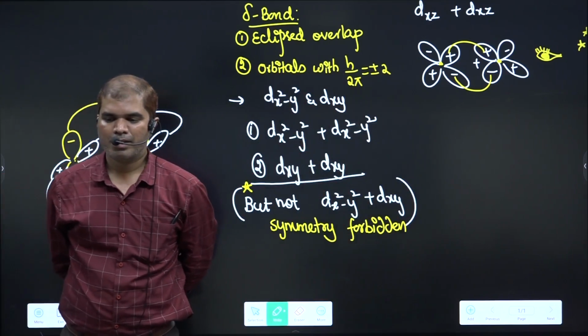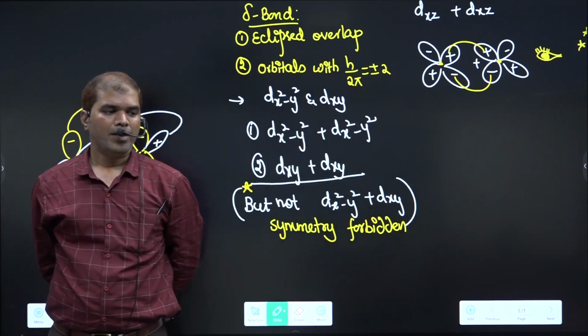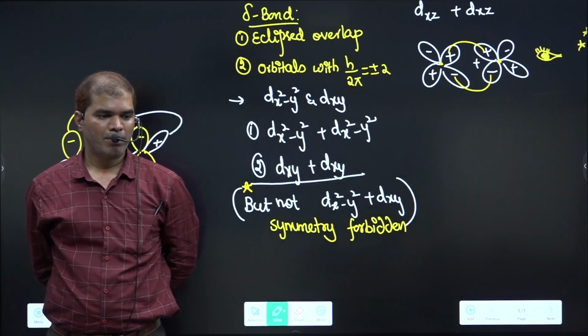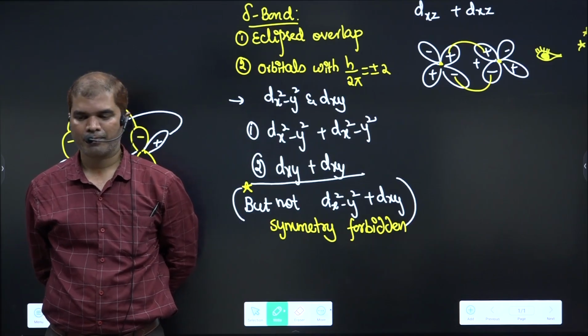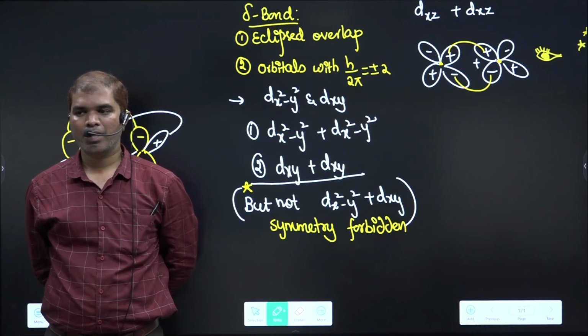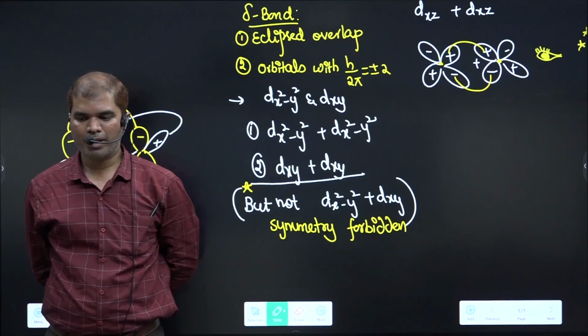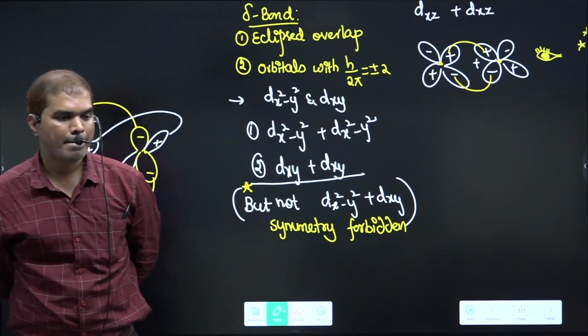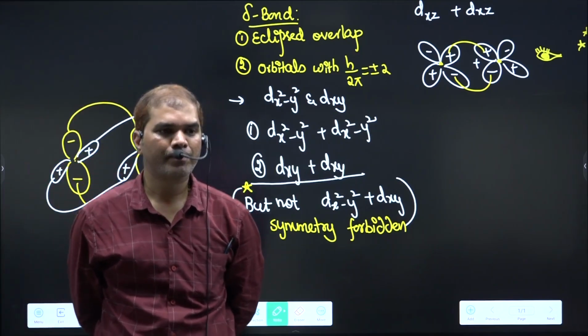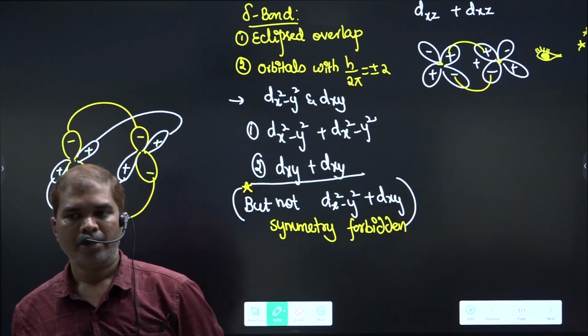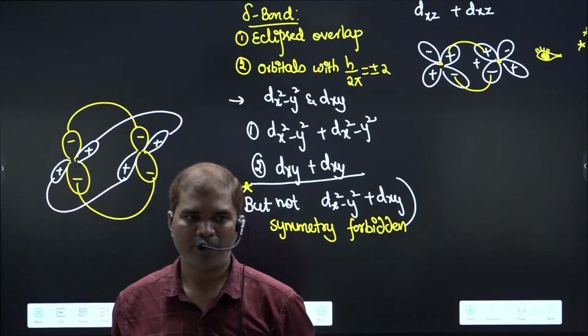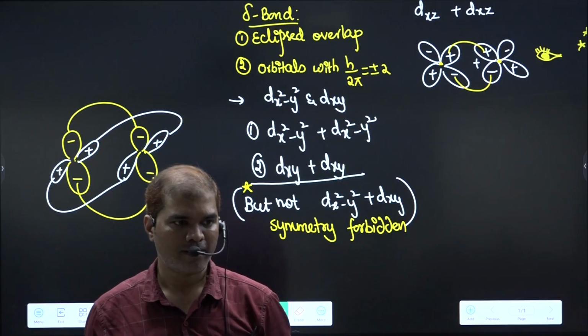Right. Last question. I think you have answered it. How many nodes are present in dx square plus y square orbital? Answer? I am asking about angular only because I did not mention the quantum number.